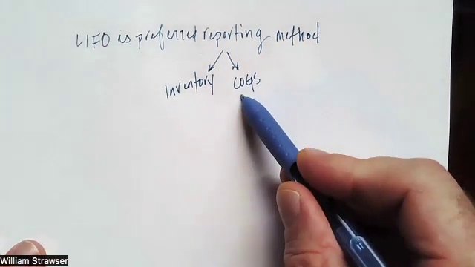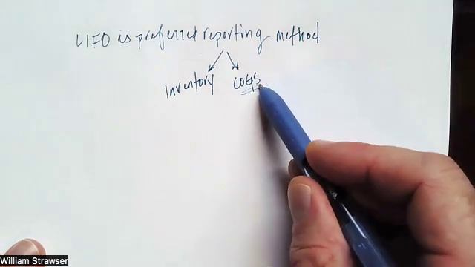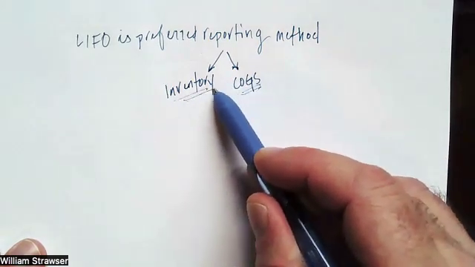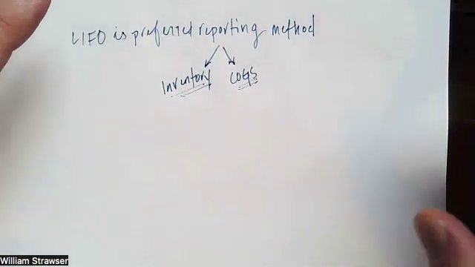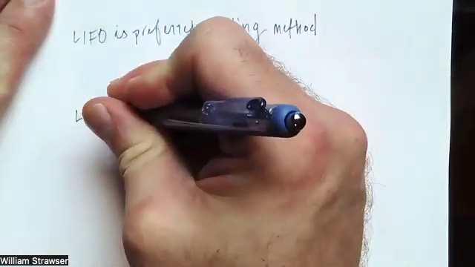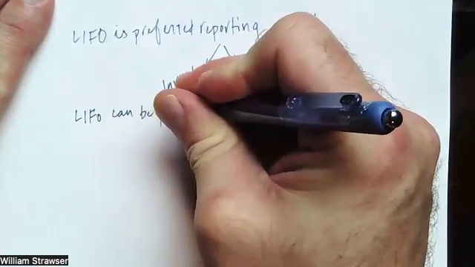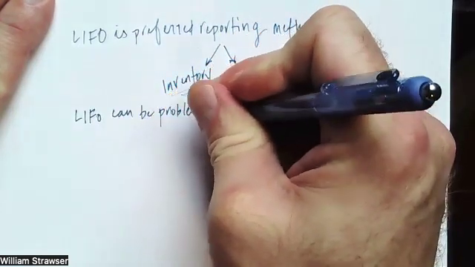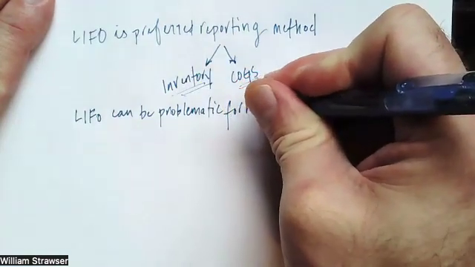On the income statement, we're reporting cost of goods sold under LIFO terms. And that's great for reporting, but LIFO can be problematic for recording transactions during the period.